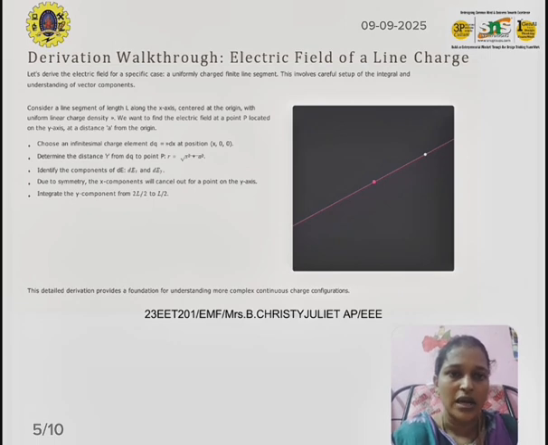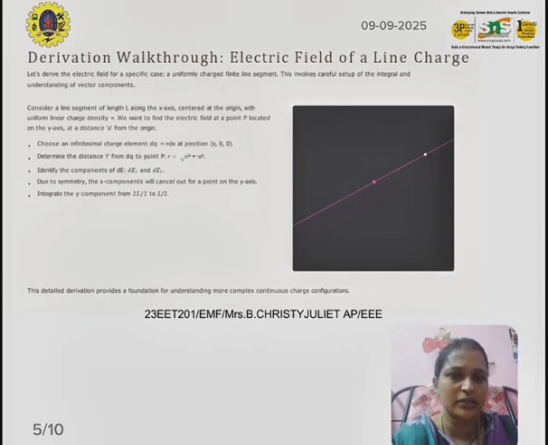So now we can consider a line charge. For example, we can take one form of continuous charge distribution, which is nothing but the line charge. So let us assume a tungsten filament, which is nothing but like a line. If we consider this finite line segment carefully, we can understand the vector components.